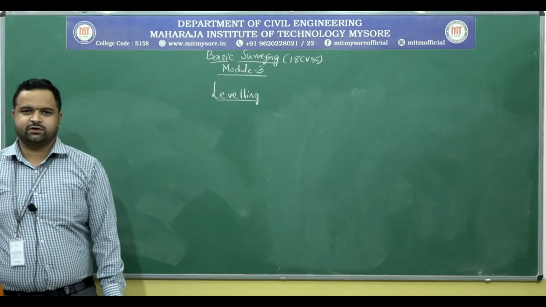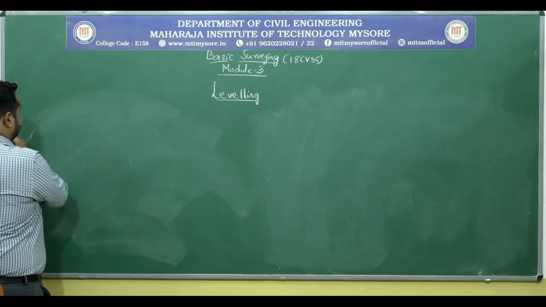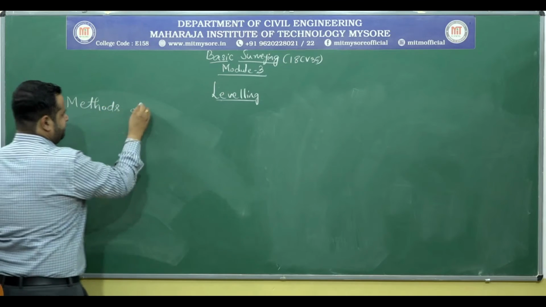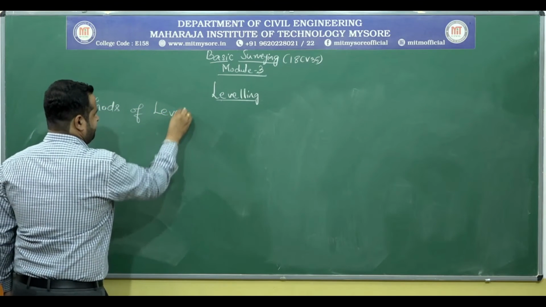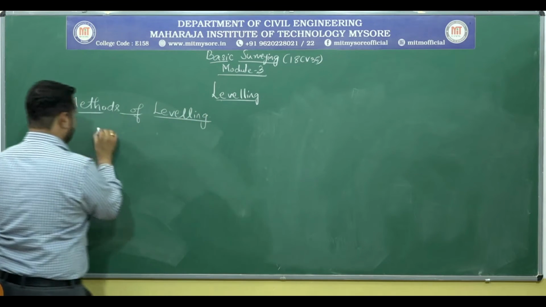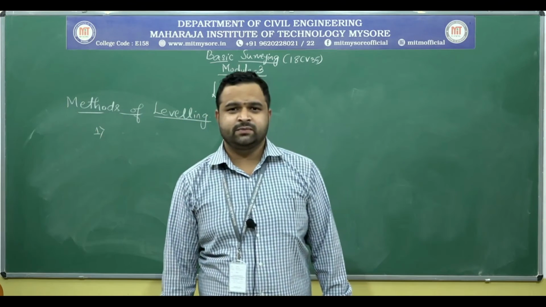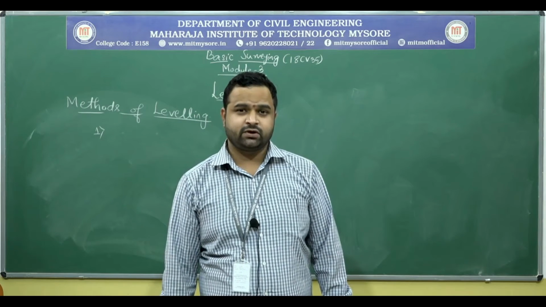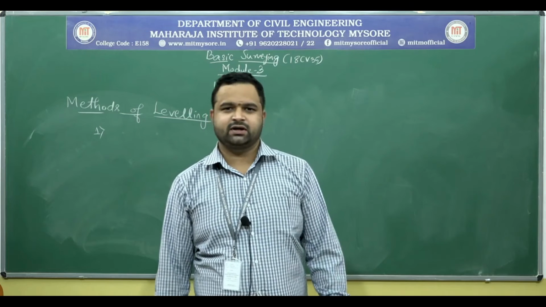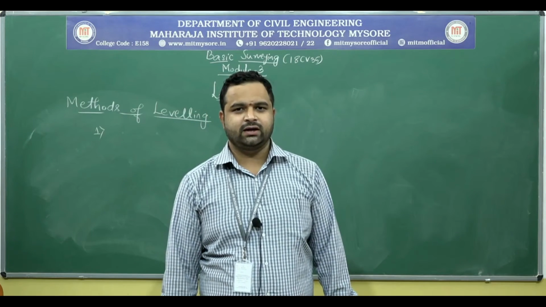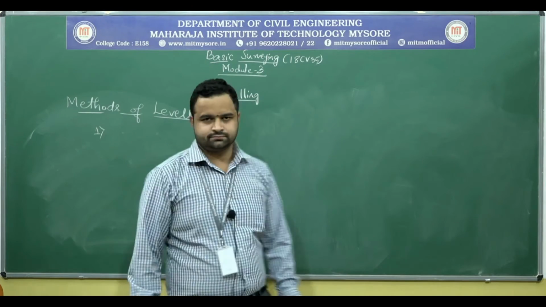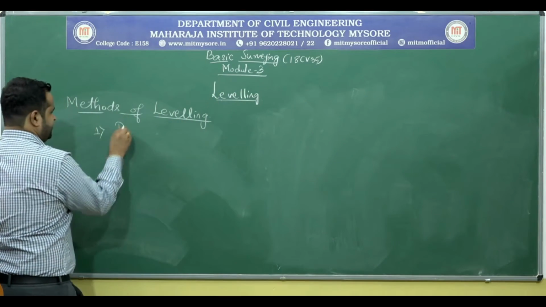Next we have methods of leveling. Three principal methods are used for determining differences in elevation, namely barometric leveling, trigonometric leveling and spirit leveling. First one is barometric leveling.